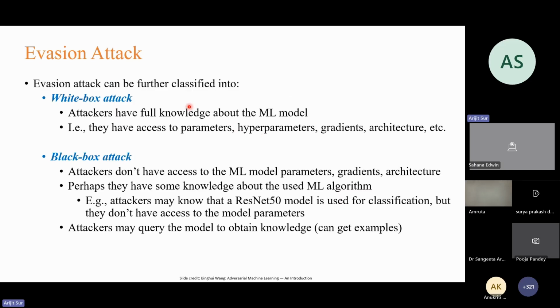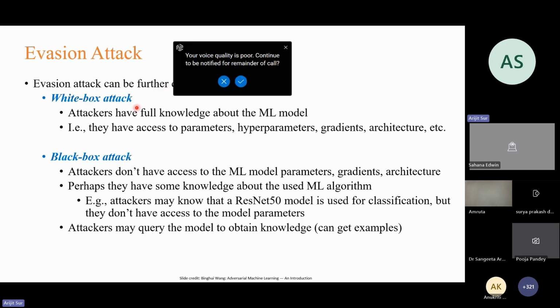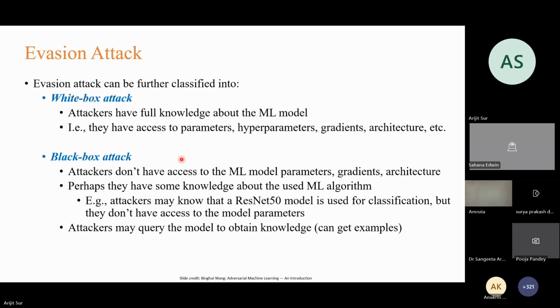Now, based on whether the attacker knows the model or not, this evasion attack can be further classified into white box attack and black box attack. What do we mean by white box attack? Attackers have full knowledge about the machine learning model.